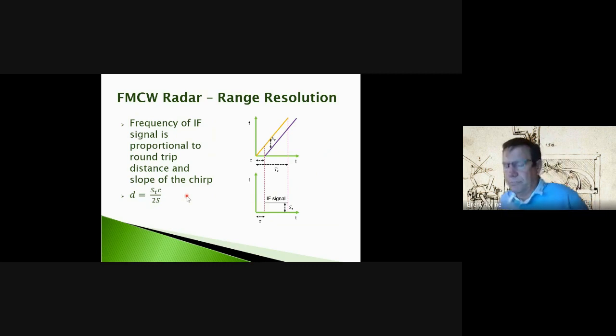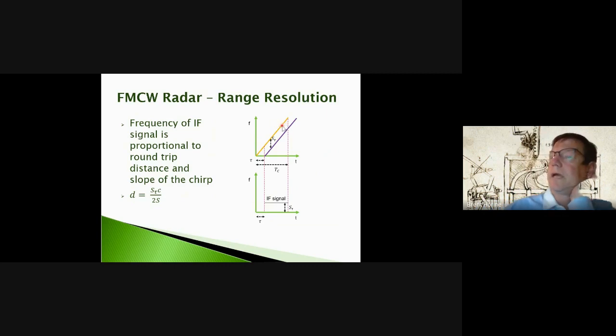Now, if we want to figure out what our range is, how do we calculate that, and then what is our ability to resolve that? Where these signals overlap, we have a valid IF signal. Note that these chirps, the way they're designed, tend to transmit longer than the round trip delay.